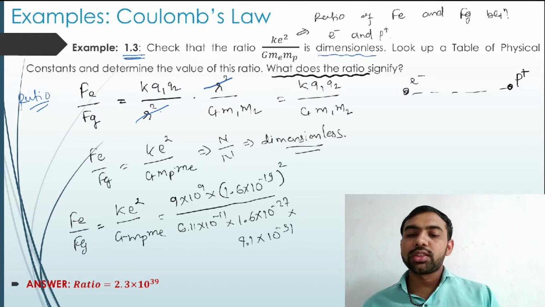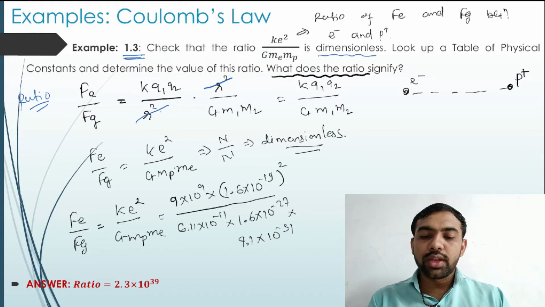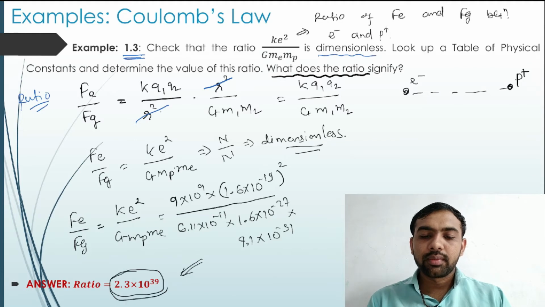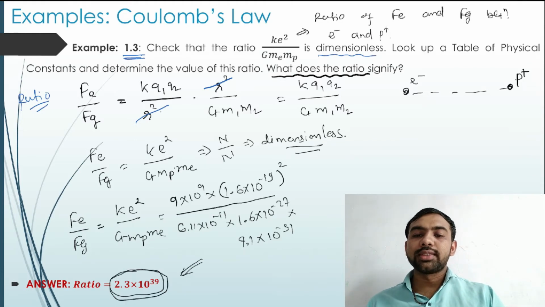So you just put all these values. After putting all the values, you get the answer 2.3 into 10 raised to 39.